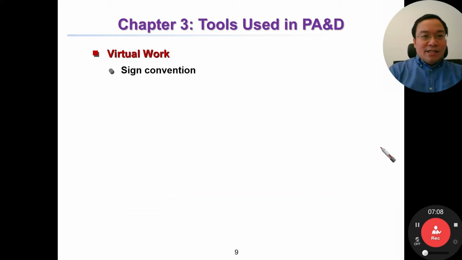The next is sign convention. In the virtual work method, you have to remember the sign convention.